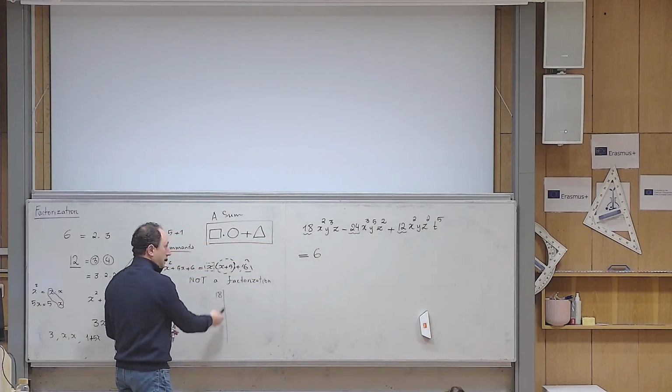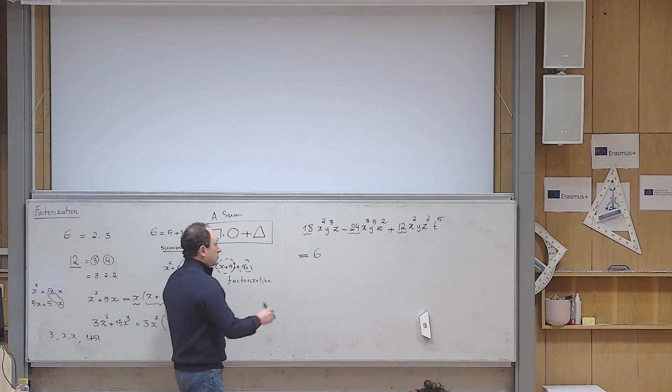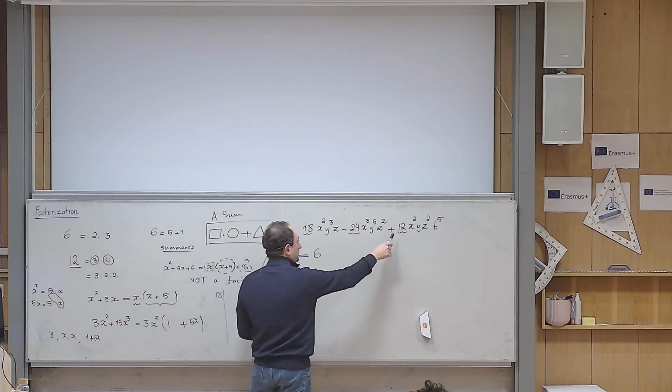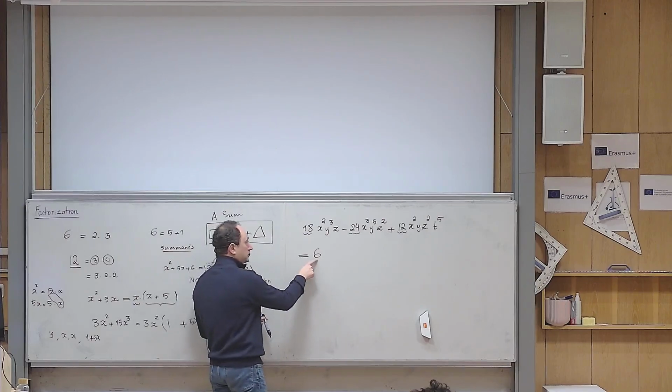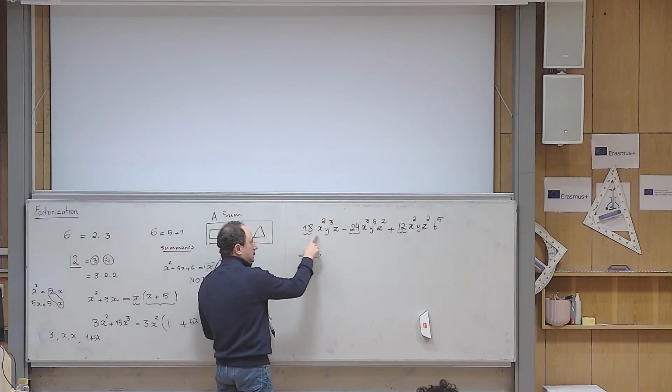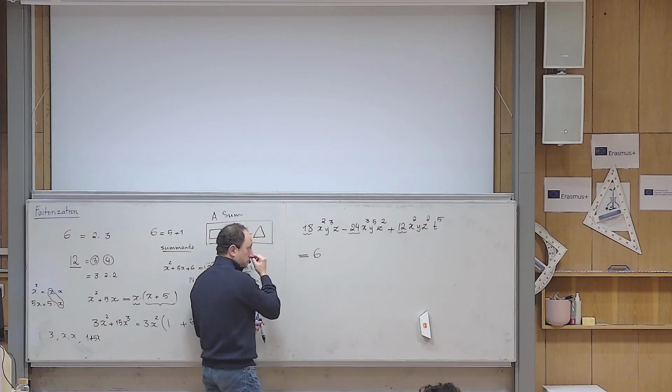Of course, it becomes lengthier, but it is better than not doing it at all. So between 18 and 24 and 12, I pull 6 out. This is the maximum number so that 18, 24, and 12 are divisible by it simultaneously. That is for numbers.